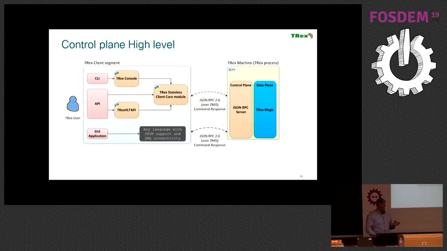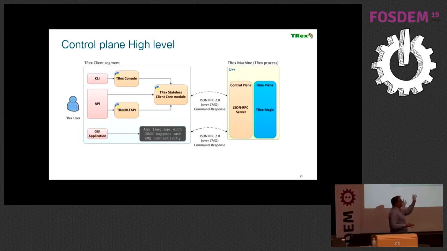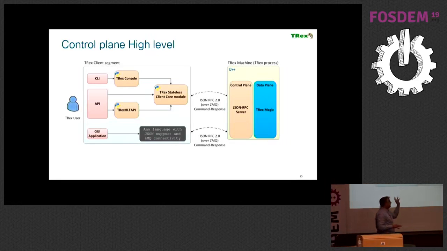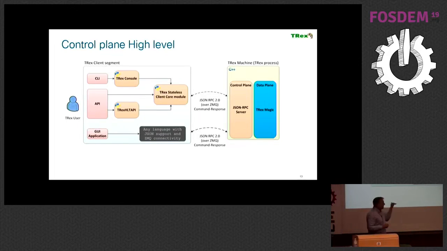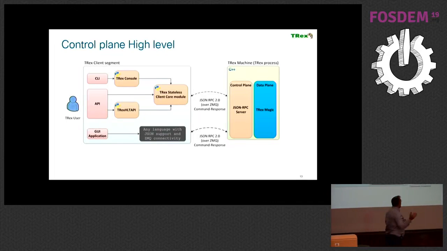Let's see how simple it is before that. So this is the architecture, the high-level architecture. There is a server. There is an RPC using JSON RPC. There is a data path that I will talk about later on, that is scalable with the number of cores. As you add more cores, you will get linear scale with the performance, which is really high.